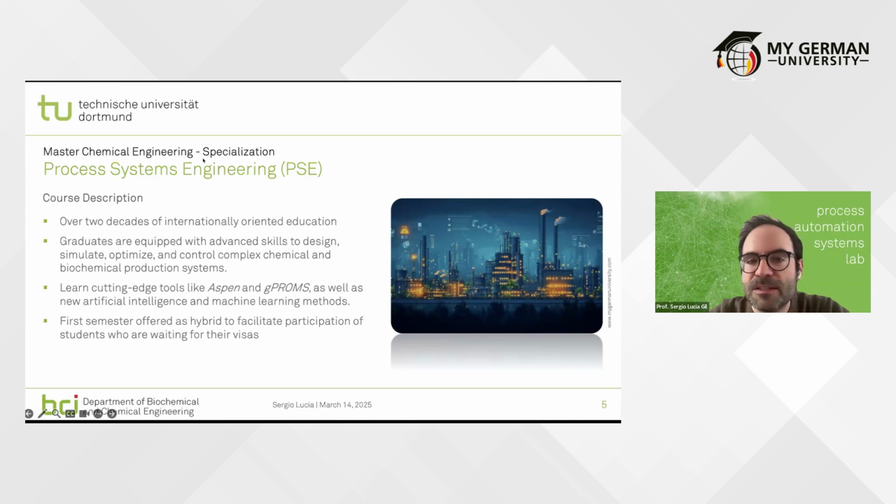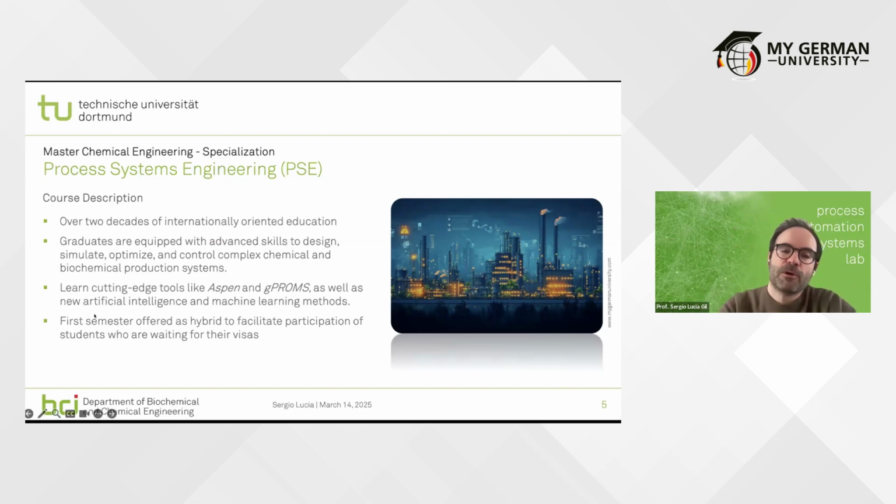What process systems engineers are equipped with when they finish the program are advanced skills to design, simulate, optimize, and control complex chemical and biochemical production systems.